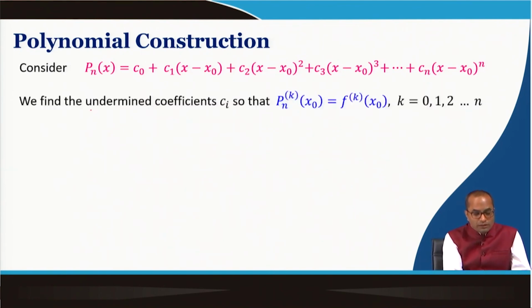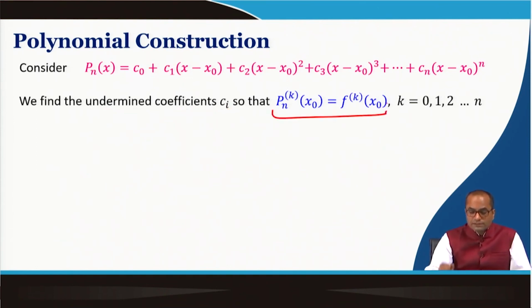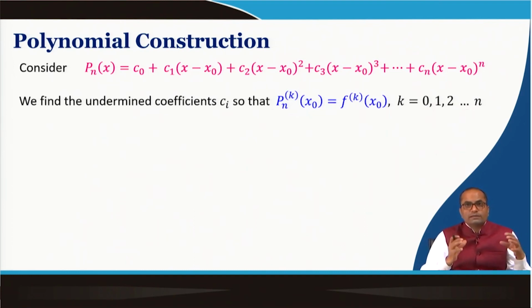So we want to determine these coefficients. These are the unknowns of this polynomial. So we want to find out what these coefficients are, and we have the conditions that up to nth order derivative, the derivative of the polynomial should be equal to the derivative of the function, and the function value should also be equal to the polynomial value at this point x naught.